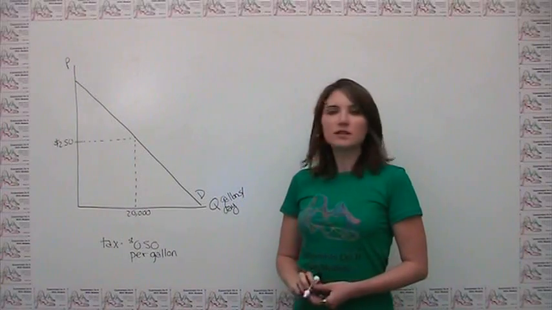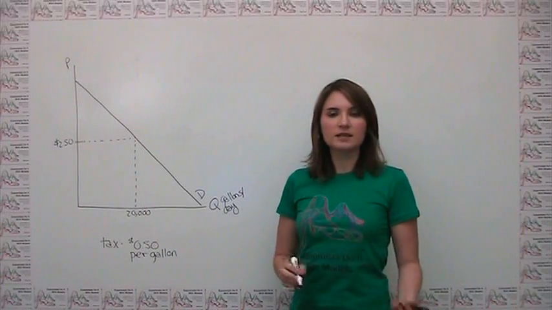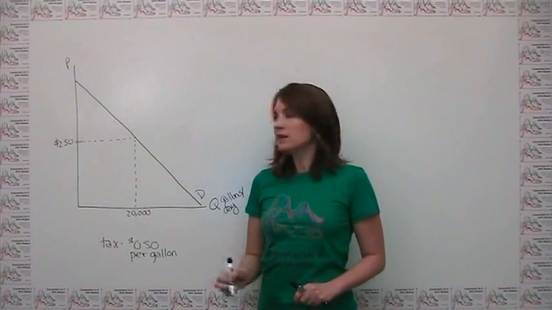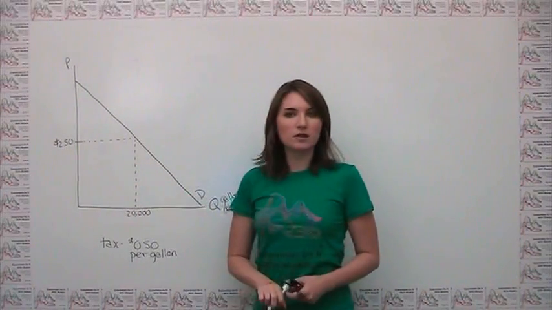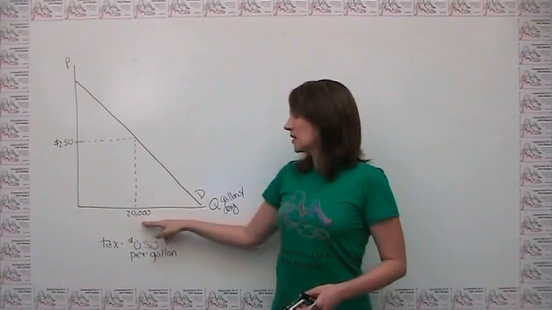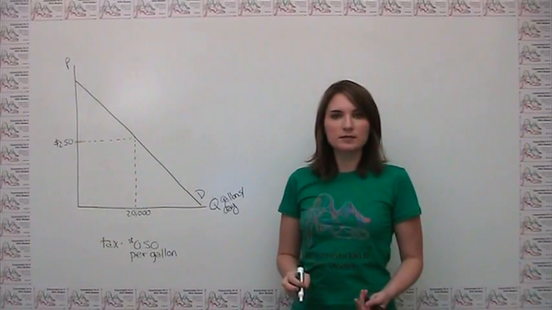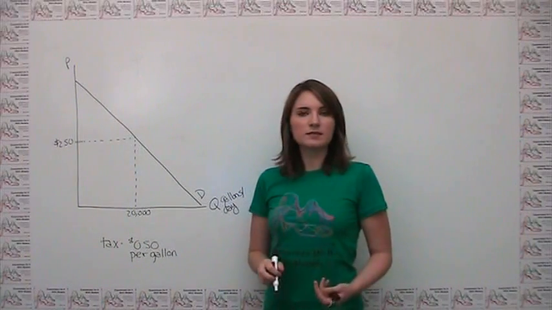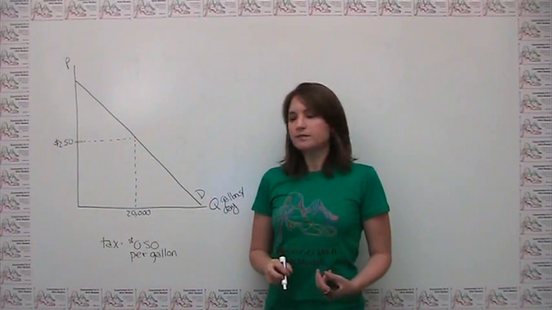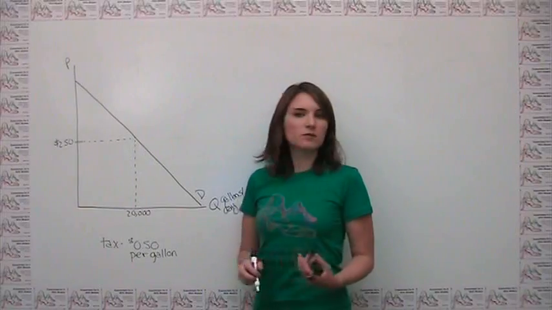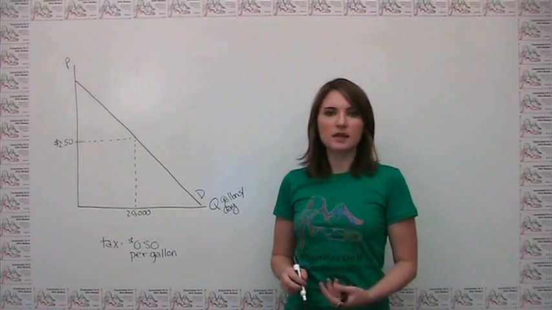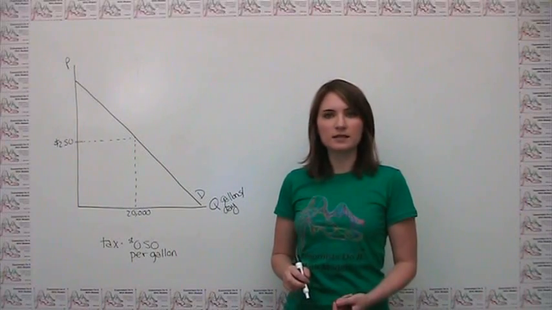We're assuming here that they don't care how much of that is the tax and how much of that goes to the producer, but the total amount that they're willing to pay cannot exceed $2.50 if we're going to have 20,000 gallons purchased. So when we have this 50-cent tax in place, we can ask the question, what is the maximum amount that producers can get and still sell that 20,000 gallons of gasoline?